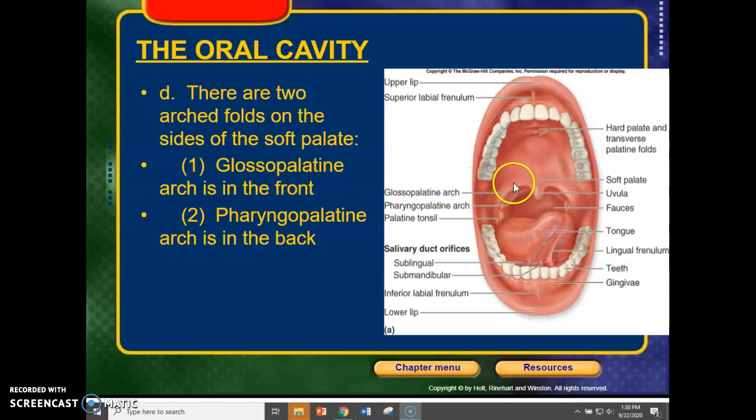There's two of them, one on each side, but it's one big arch. And then back behind it, there's a second arch. You see it back here? That arch is called the pharyngopalatine arch. Two arches, they're both part of the soft palate of this palatine velum area. But they're two arches to identify in the oral cavity. And sometimes you'll see them called fascias too.